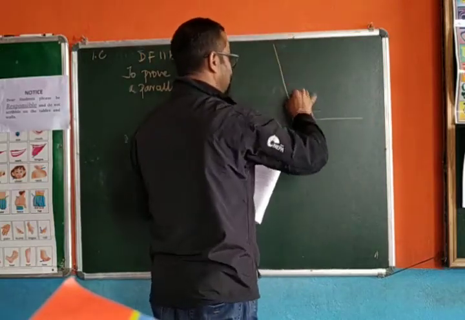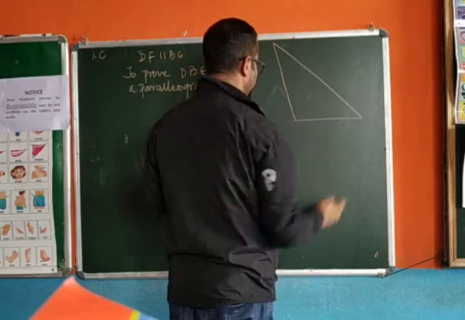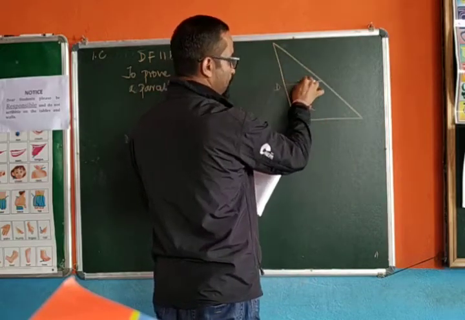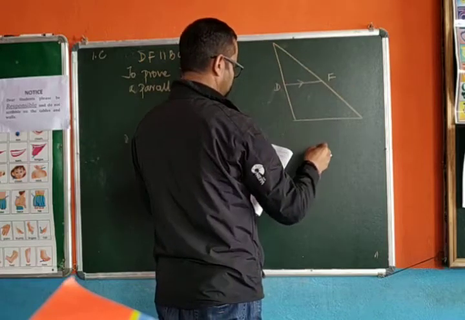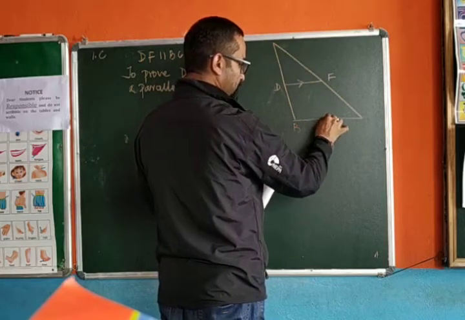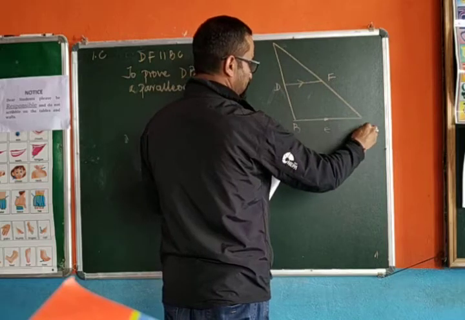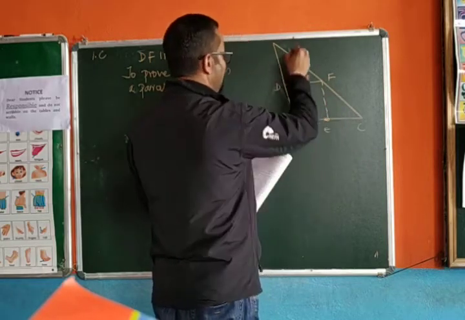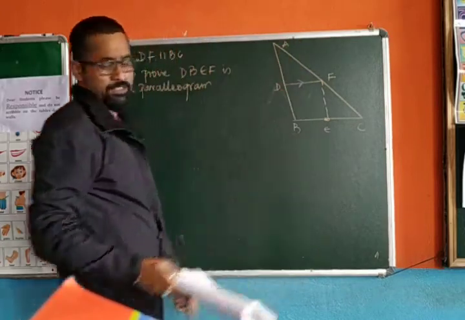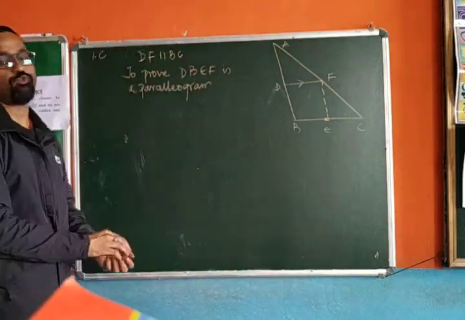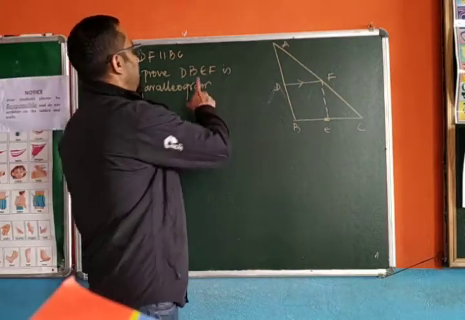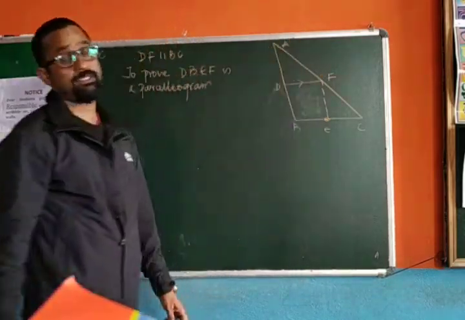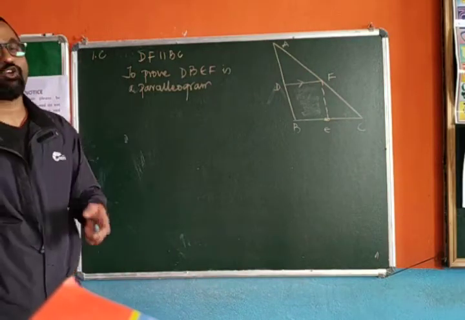Look at the proving part now. It's not difficult. You just need to use the theorem. See how we proceed with the proving part to prove DBEF is a parallelogram.